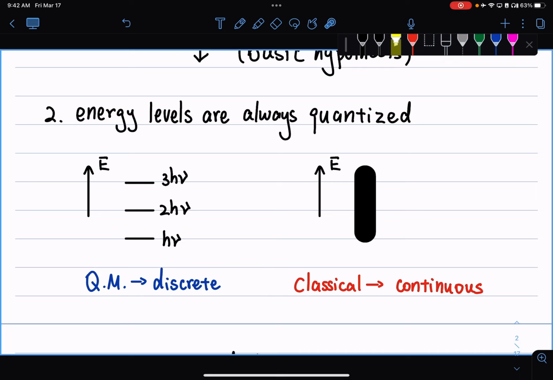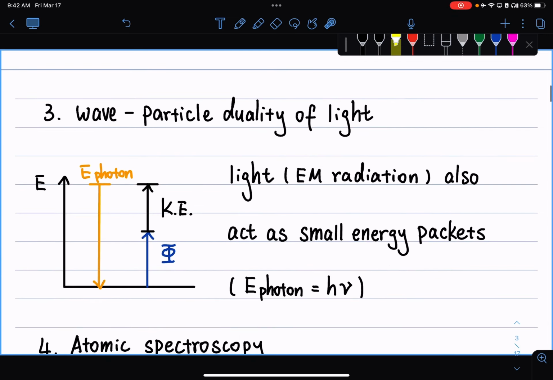But in the quantum mechanics picture, it's a discrete process. It means when it drops, there's only several energy levels it can take. It's not continuous. But the reason we don't see it is because these different energy gaps are really small. So in any of our macroscopic objects, we're not able to see it. So that's the first quantum hypothesis. Energy levels are always quantized.